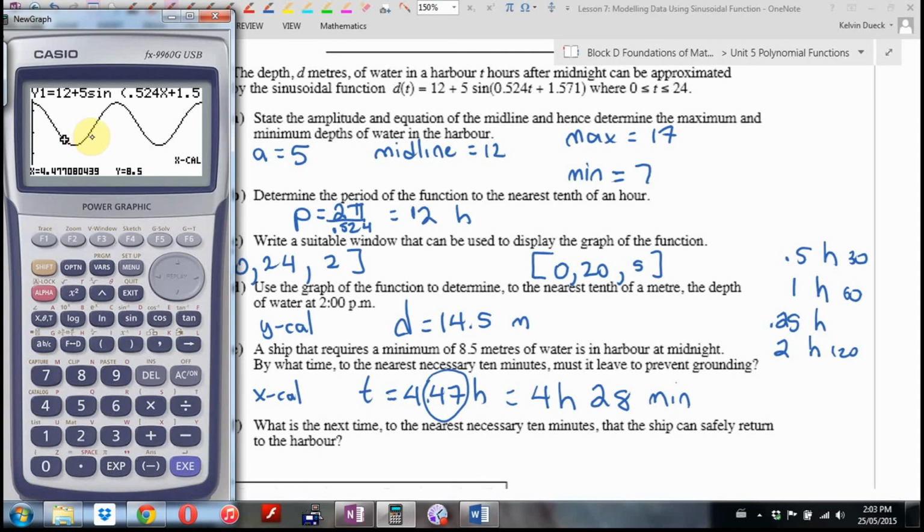Should I go an arrow sideways? Then that jump to the next one? Yes? No? Yeah. So, 7.5 hours. You know what? Half an hour is 30 minutes. This person can't come back until around 7:30 a.m.